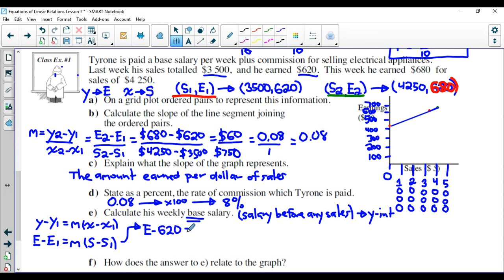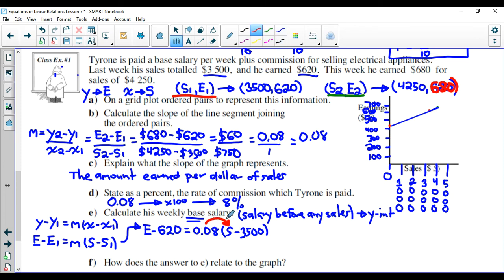So we go E minus 620 is equal to the slope, which is 0.08, and then multiply by, instead of x, we're going to use S, the sales. So we have S minus S1. So the sales 1 would be 3,500.